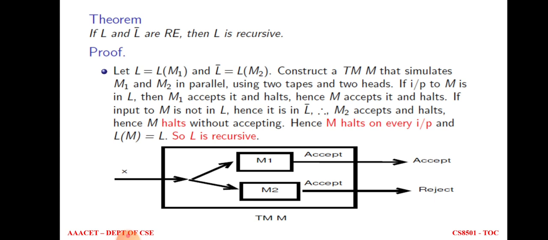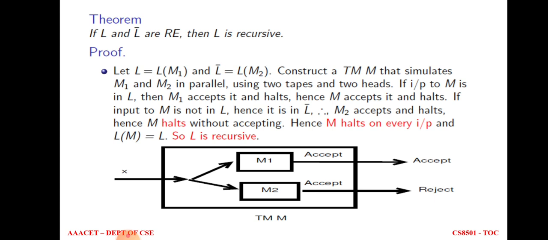Here we construct the Turing machine M, which simulates the Turing machines M1 and M2 in parallel, where simultaneously the operations of M1 and M2 are simulated on M using a two-tape Turing machine, as in the previous theorem.